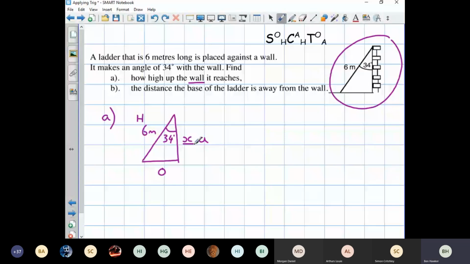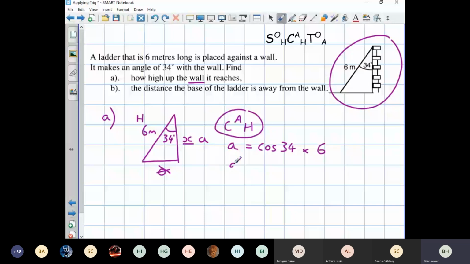So then I look at what information I need and what part of trig I need to use. I've got the hypotenuse, got the angle, and I want to find the adjacent, so I don't need the opposite. And as I'm sure we will be aware, that means that I'm going to use cosine, CAH. Then from there, if I'm going to find A, all I need to do, looking at my little triangle, is the cosine of 34 degrees multiplied by the hypotenuse, which is 6 meters.